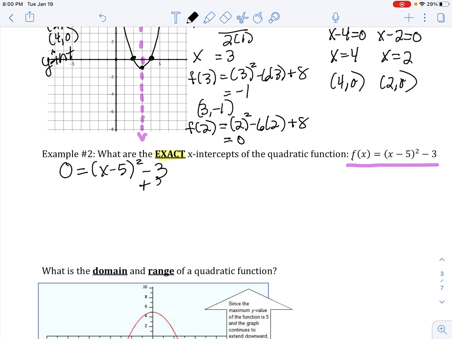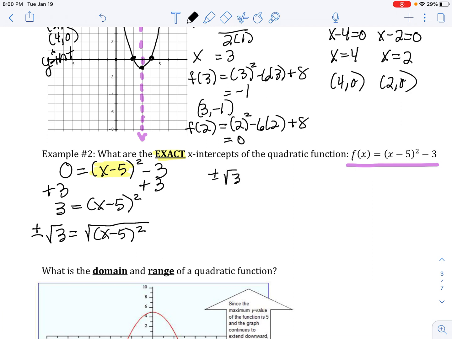This should look similar to something you did on the quiz. We're going to add 3 to both sides, because solving by square rooting means we need to get the squared piece of the equation by itself. We need to isolate it. So that's 3 equals (x minus 5) squared. Now we are going to square root both sides. So plus or minus, we remember that from square rooting, the square root of 3 equals the square root of (x minus 5) squared, plus or minus the square root of 3.